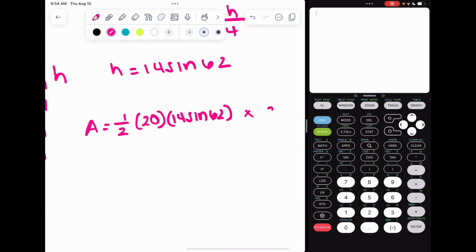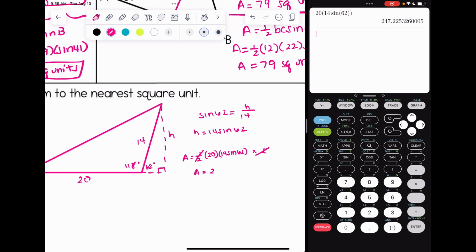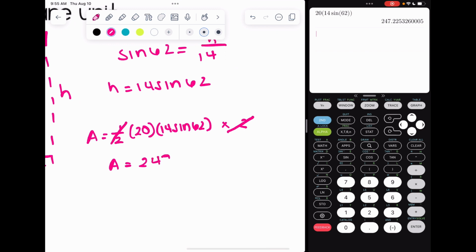I'm going to have to double that to get the parallelogram. And you might not even notice here that this 1/2 and 2 are going to cancel out in a way, right? They're going to multiply and be 1. So I'm just going to type in my calculator 20 times 14 sine of 62. Hit enter, and I get the area, rounding to the nearest square unit, is 247 square units.